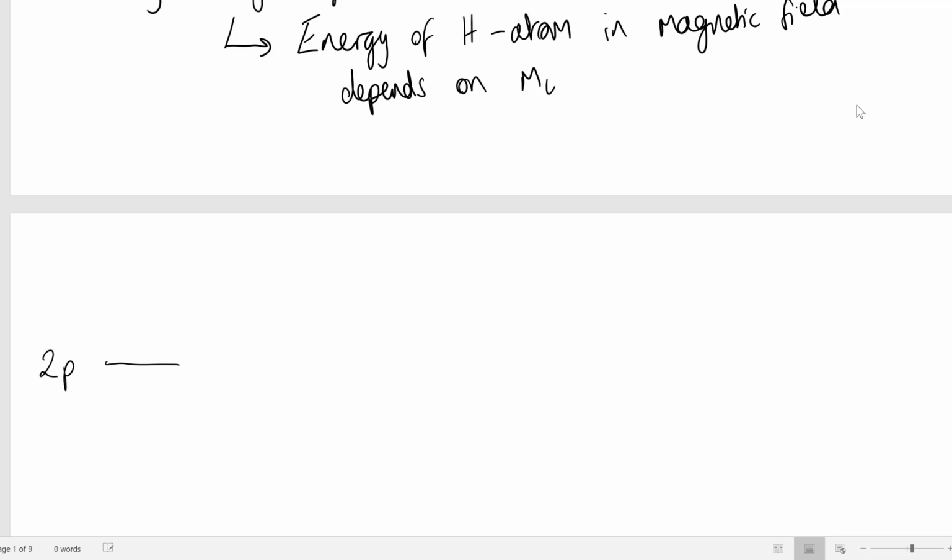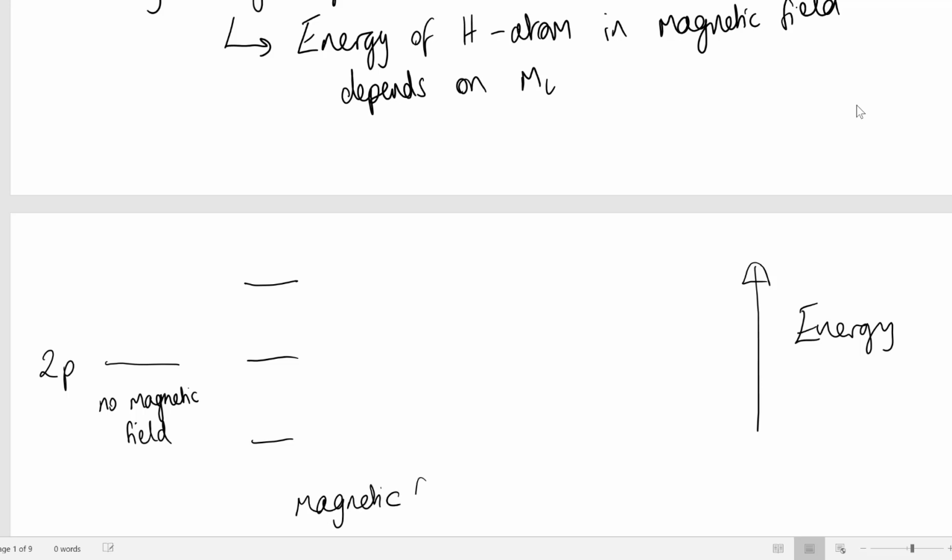So we're going to imagine energy on the y-axis here. And so when there is no magnetic field, we have a simple energy that is typical for a 2p orbital. However, when we apply a magnetic field, so here is the case where there is a magnetic field, on the right hand side, what we say is that these 2p orbitals are actually split in energy, and the energies are shown, and this is known as the Zeeman effect.